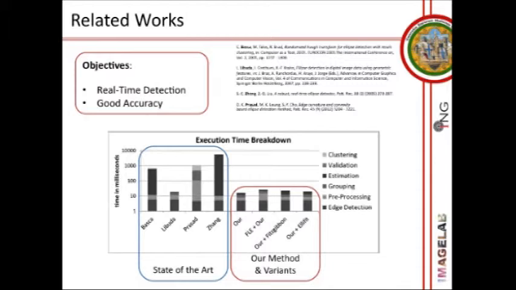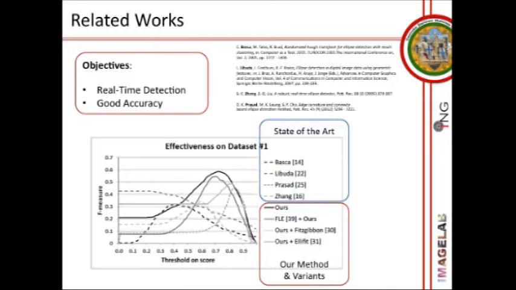So state-of-the-art algorithms are pretty slow. Even the faster one does not have good detection accuracy. So this is just the results. We see that our system is both faster and more accurate than state-of-the-art results.